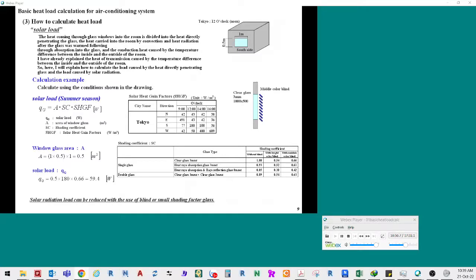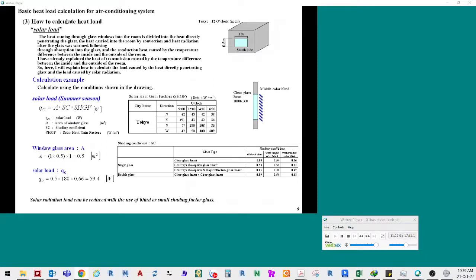I have already explained the heat of transmission caused by the temperature difference between the inside and the outside of the room. So, here, I will explain how to calculate the load caused by the heat directly penetrating glass and the load caused by solar radiation.